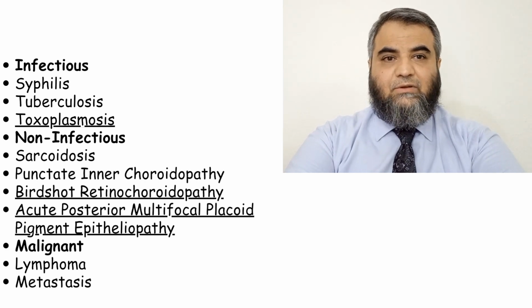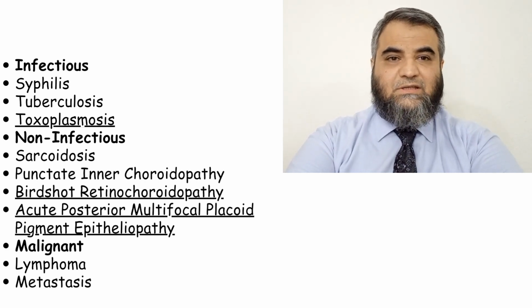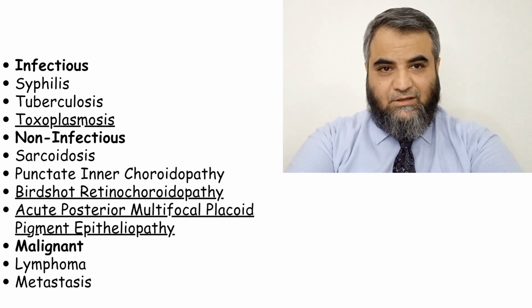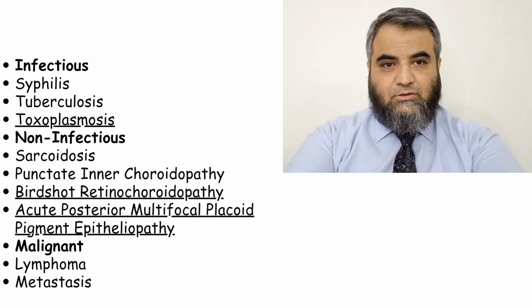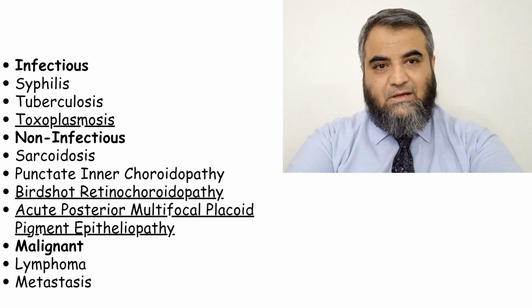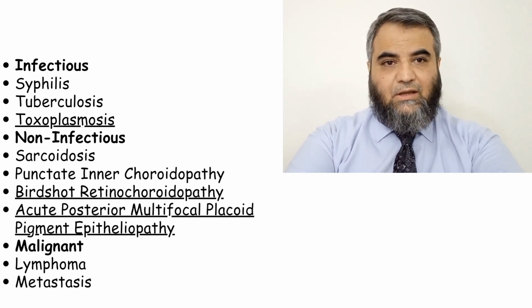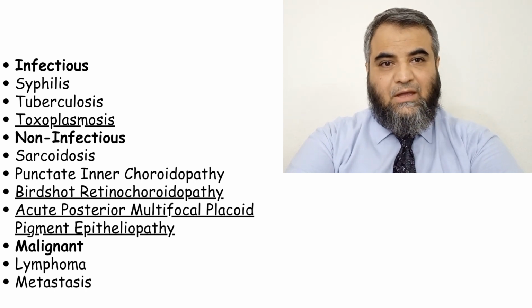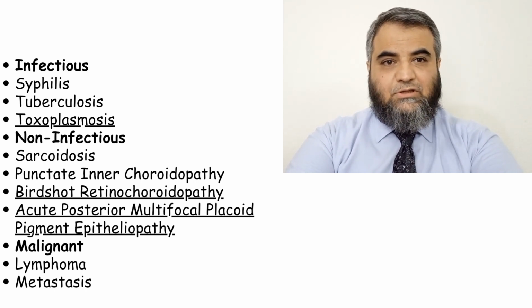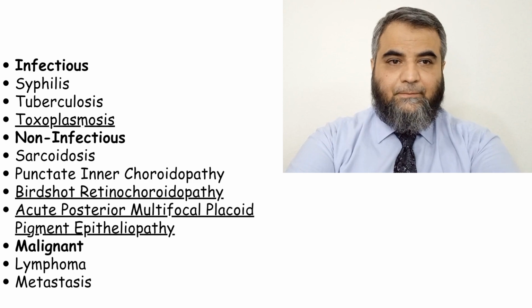Along with that we have to keep non-infectious causes in mind, such as sarcoidosis. These patients may have punctate inner choroidopathy, and sometimes lymphomas and metastases can manifest. These should be kept in mind when treating these patients, and blood work should be ordered.